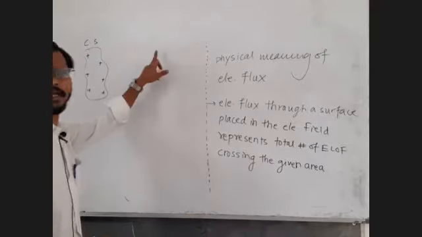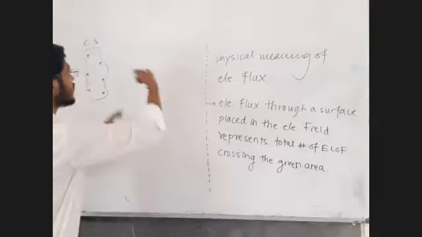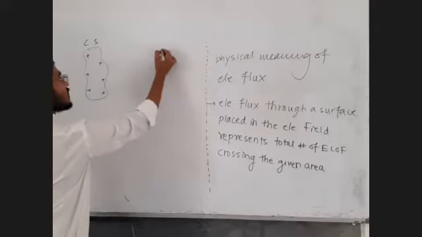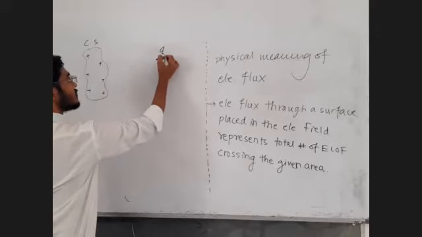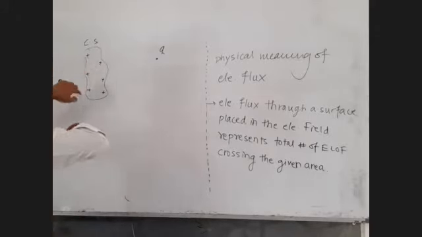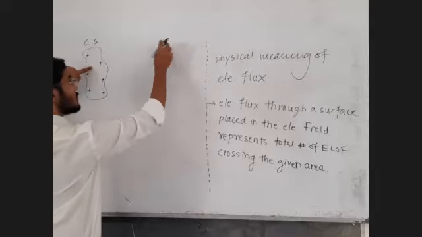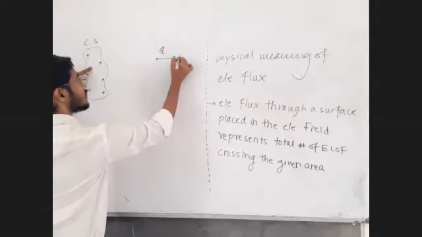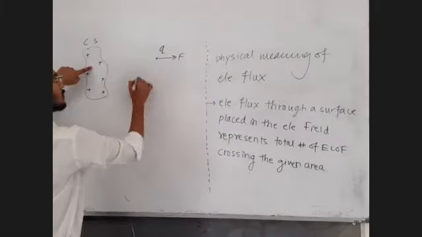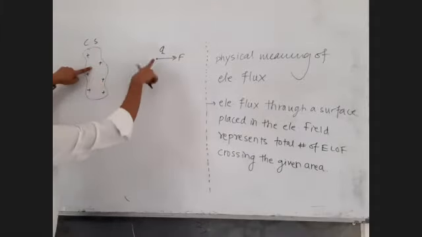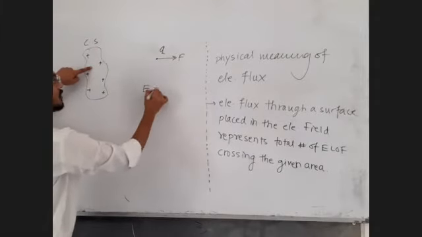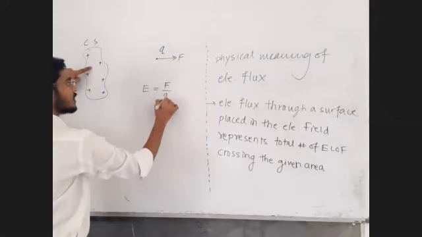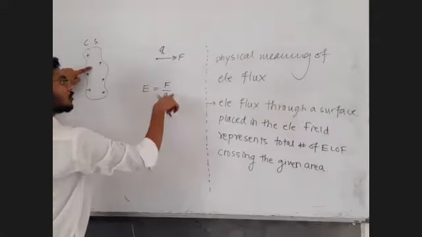Because of the electric field, other charges placed in this region experience the effect of this charge system. So to find the electric field due to this charge system, you can place any charge at a given point and find the force acting on that charge. The electric field of this charge system at this point is the force acting on the given charge divided by the given charge. Newton per Coulomb, force per unit charge.